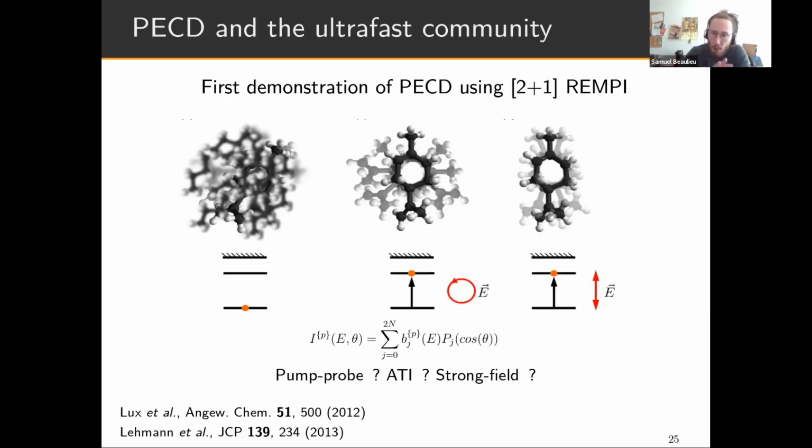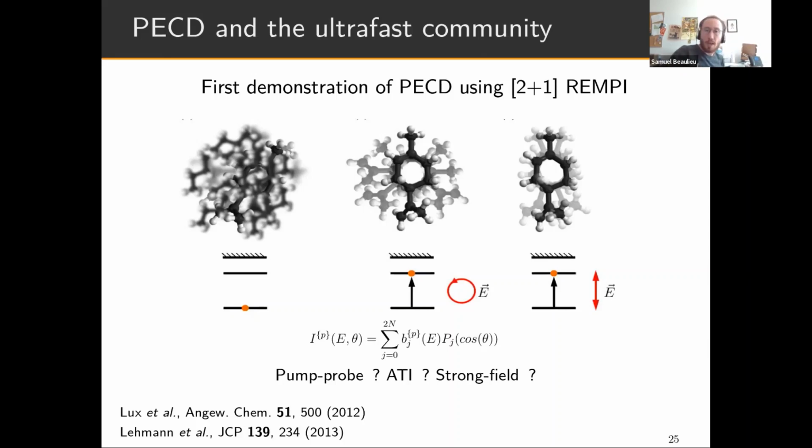And more importantly, these two breakthroughs, single photon PECD using XUV from high-harmonic sources, as well as multi-photon PECD using femtosecond visible pulses, are opening the door to very important questions in our field.